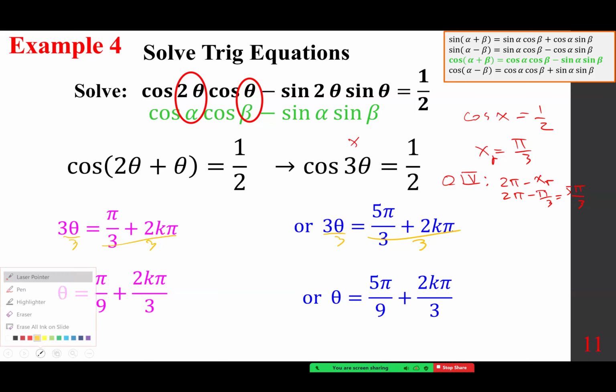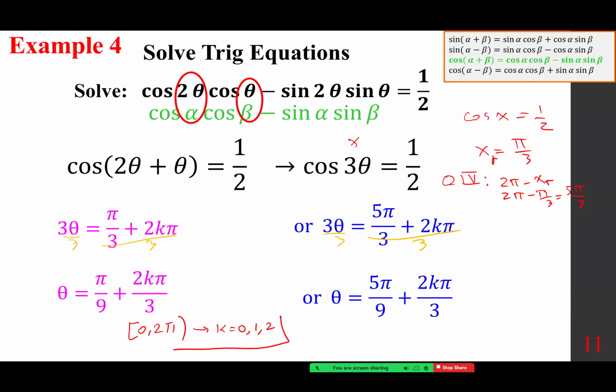If we wanted to get the answer from 0 to 2 pi, then we let k be 0, 1, 2, if that was the question. So if you replace the k with 0, 1, 2, you get this one here, the same thing here.